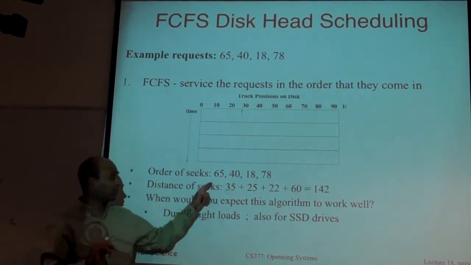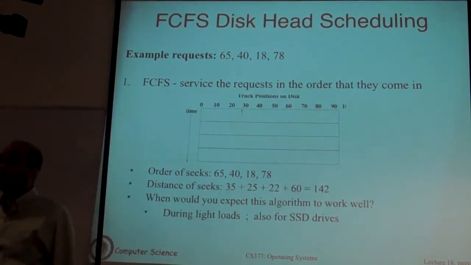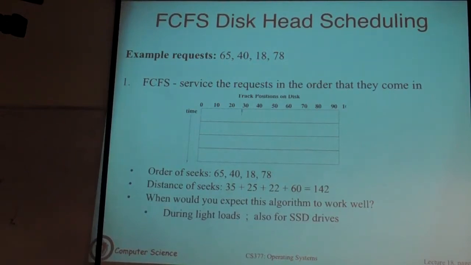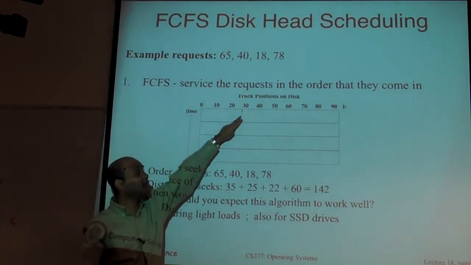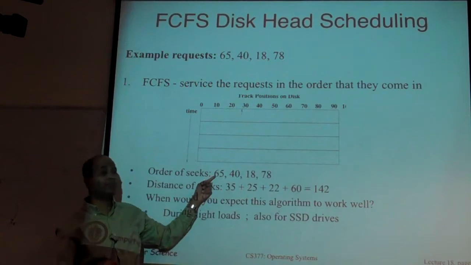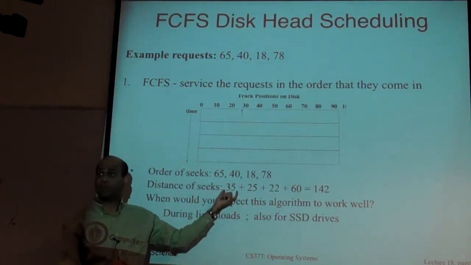So the question is, what is the overhead that you have incurred? Not in terms of time, but let's just count the overhead in terms of how many tracks you have to traverse. This is the path that the disk head has taken. If you go from 30 to 65, the first seek takes you to track 65, and you have traversed 35 tracks.